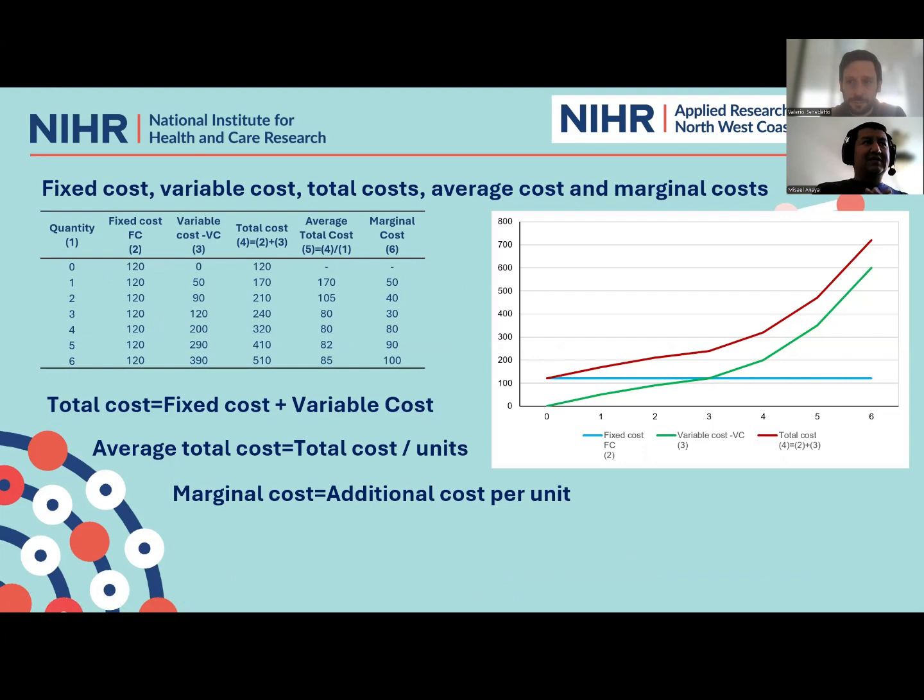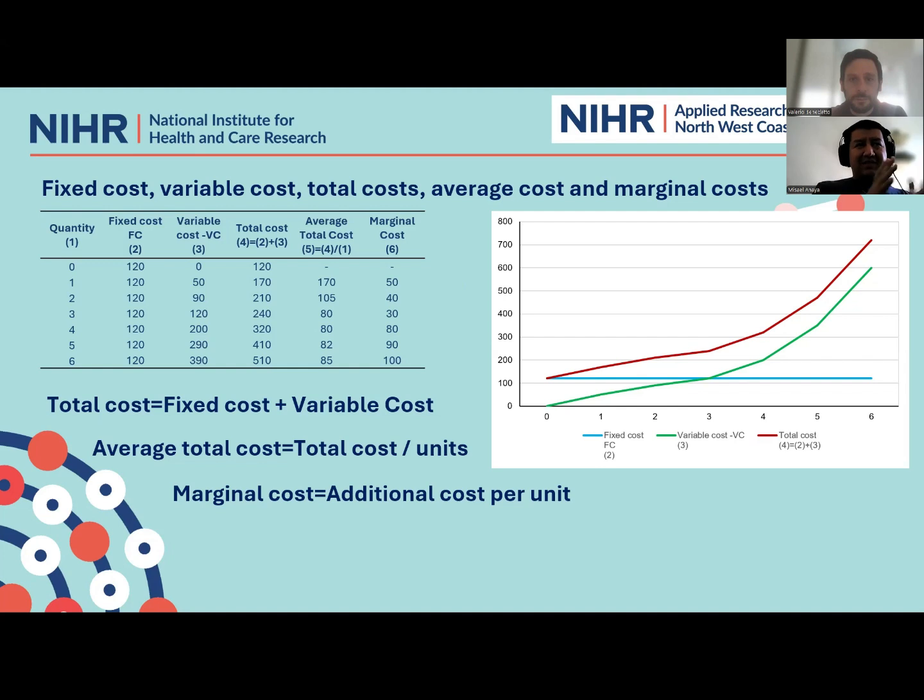In variable cost, we can have, for example, some inputs, or working hours, or in a hospital setting, medicines, which vary according to the number of people treated. Total cost is actually just a sum of both. And the average cost is the total cost divided by the quantity that is produced.